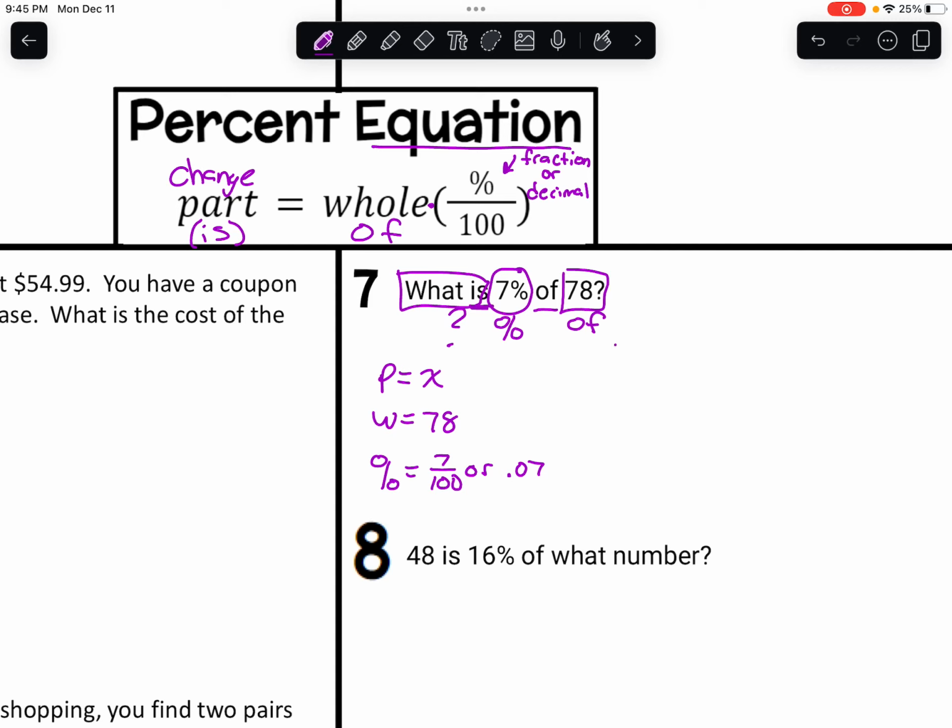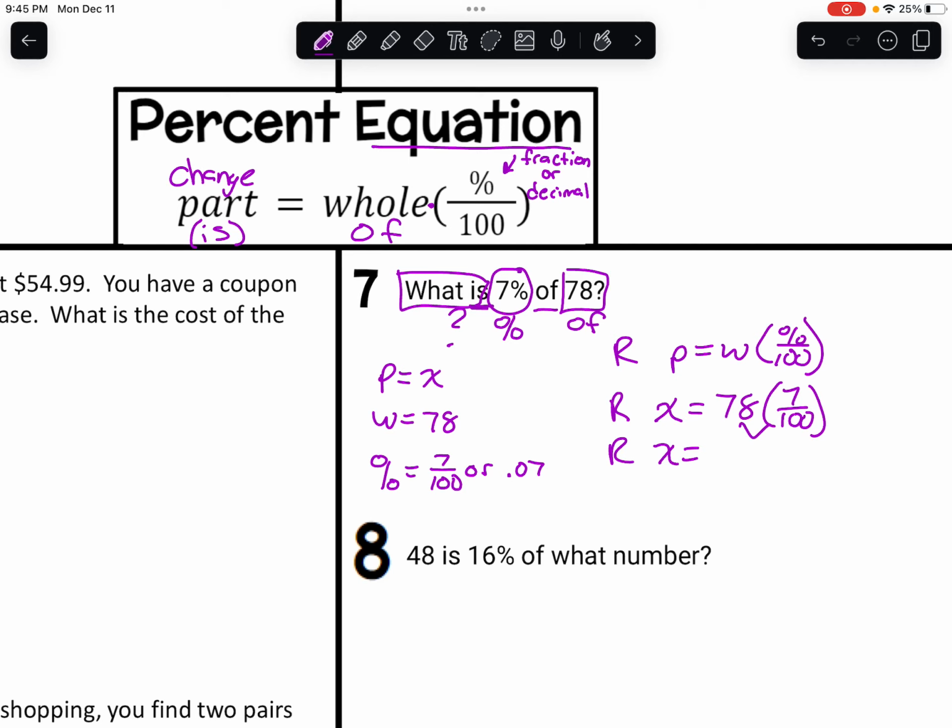Now we're going to rewrite our percent equation, so part equals whole times percent out of 100. We replace the information we know: the part is X, the whole is 78, and the percent is 7 out of 100. Now we simply have to recalculate. There's nothing to do for the X because it's already by itself.